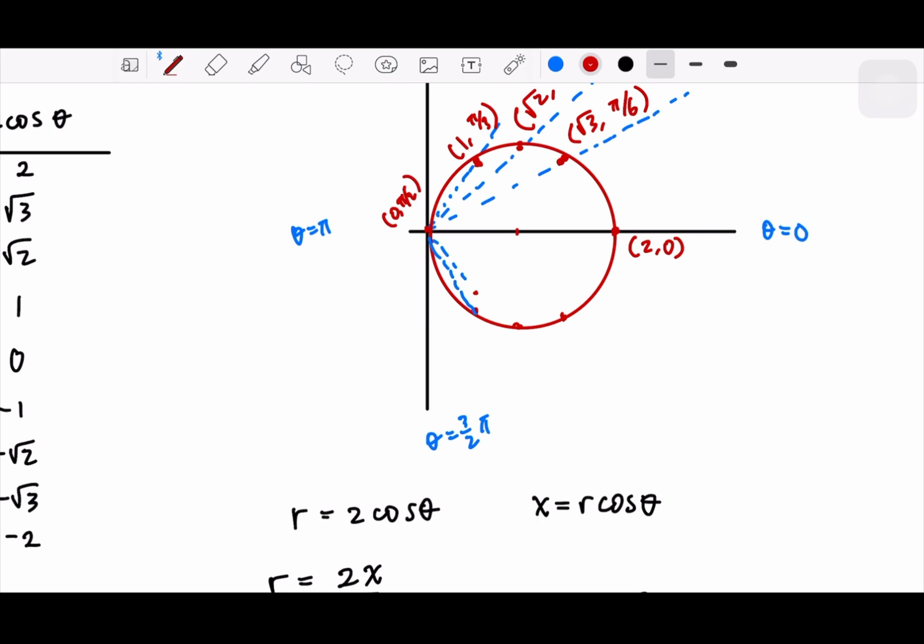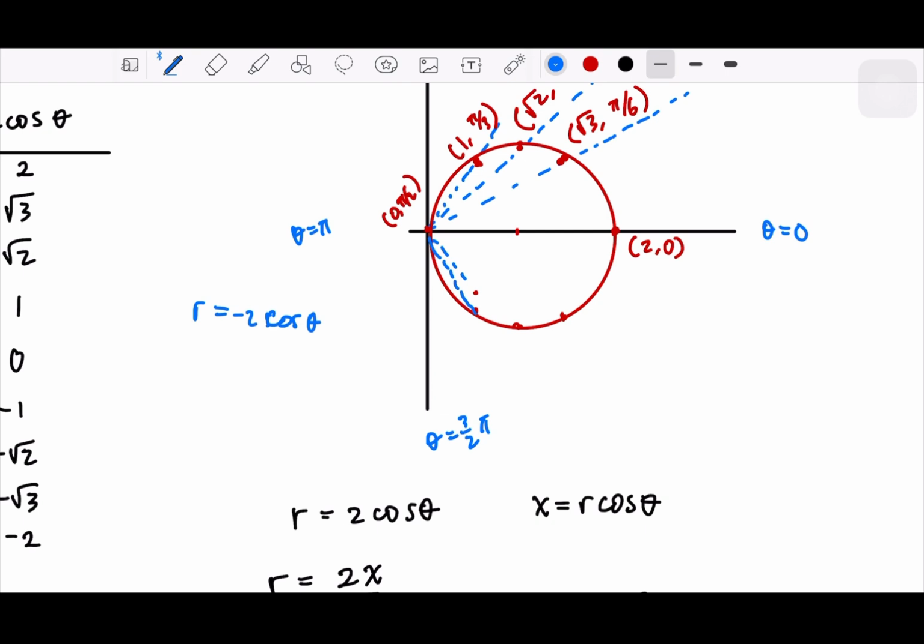Okay, this is 2 cosine theta. What happens if we multiply with negative? It will be mirroring this, right? Because all the values will have opposite signs. So it will be like this. That's the negative. What will happen if I change 2 cosine theta to 2 sine theta?